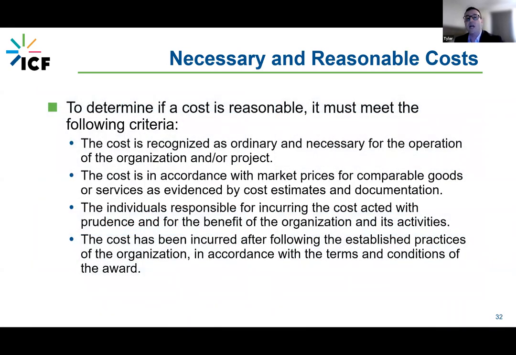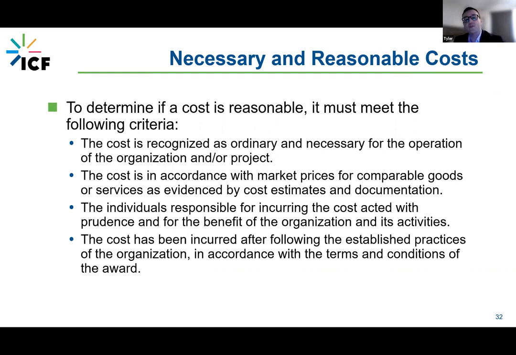To determine if a cost is reasonable, the cost must pass the rational person test by meeting all of the following criteria. The cost is recognized as ordinary and necessary for the operation of the organization and/or ESG CV funded activity.